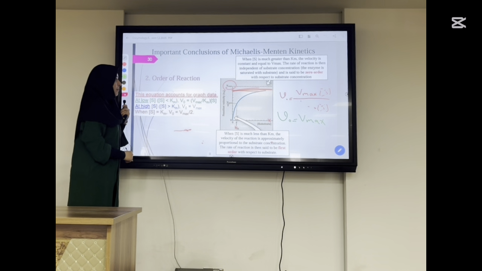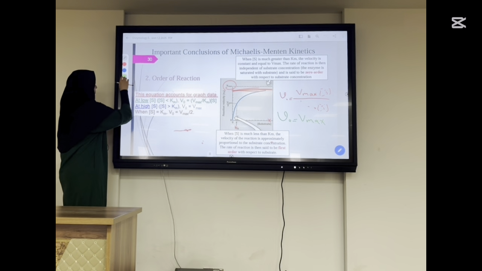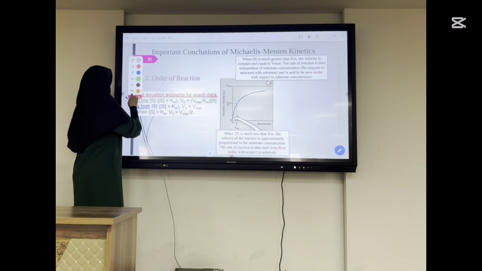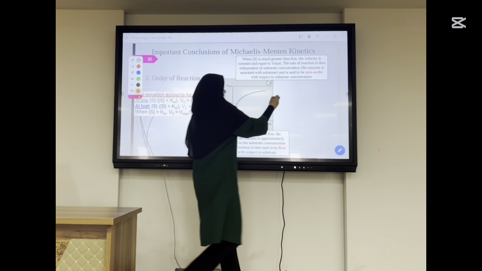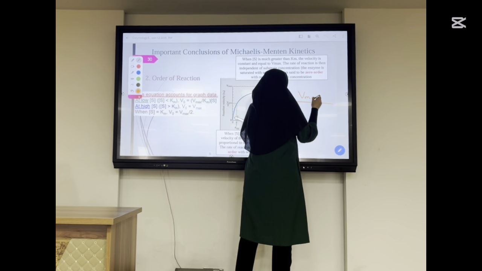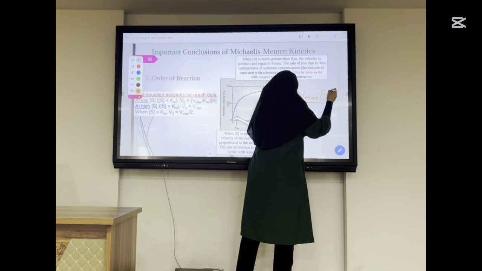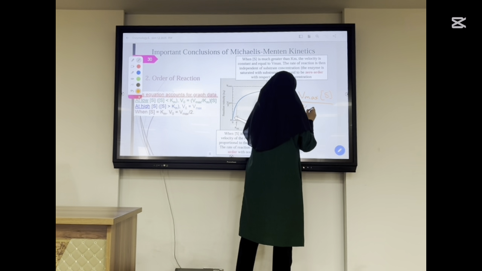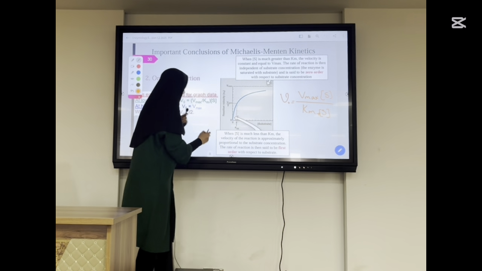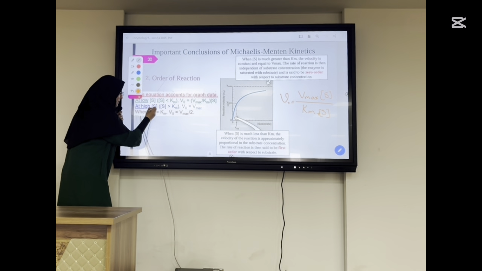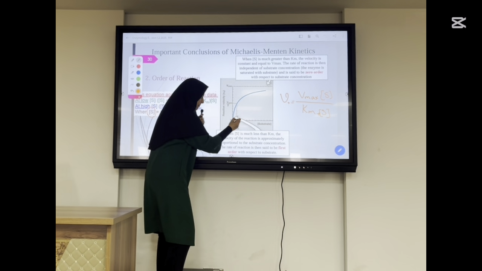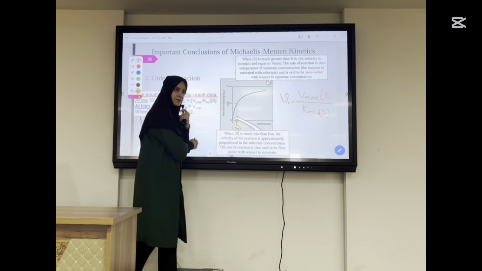Yes? But I want to review the last part. Again, V0 equals Vmax times substrate over Km plus substrate. I'm talking about this point, when substrate concentration is exactly equal to Km. I'm talking about here.